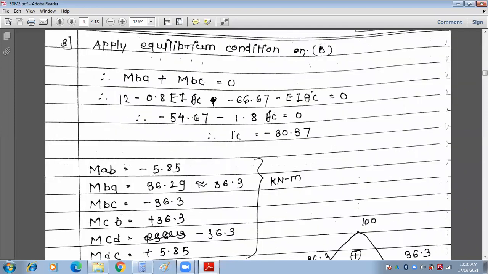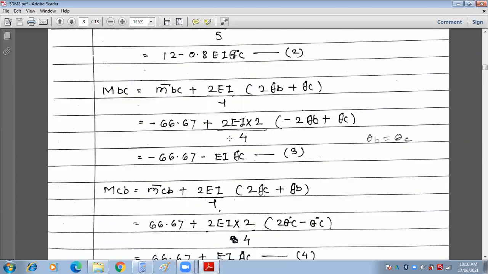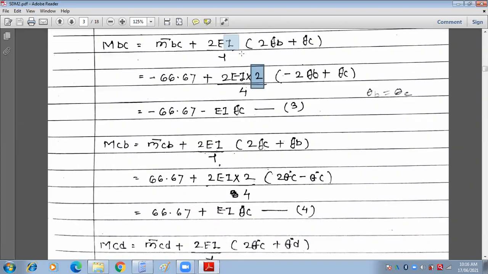Therefore this term is considered as twice. L is 4 meter. Now theta B and theta C: we have put theta B equal to minus theta C. Therefore minus 2 theta C plus theta C becomes minus theta C. All other terms are simplified. This 2 and 4 get cancelled, so the only remaining term is minus EI theta C. Therefore the equation becomes minus 66.67 minus EI theta C. Let us say equation number 3.